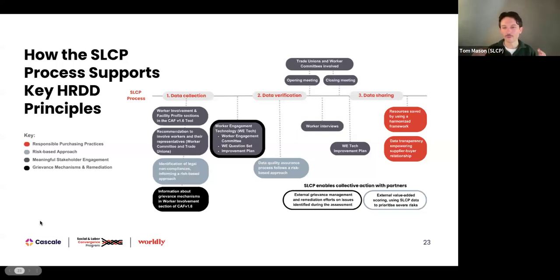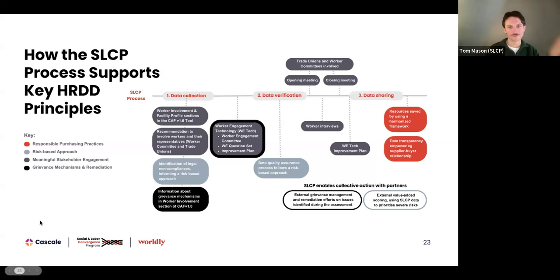The second is the risk-based approach. This is something that you probably have heard of, but it basically means that we shouldn't be addressing different risks in a facility the same. They require different measures to be able to prevent them. And in that context, we need to take a risk-based approach based on the severity and the likelihood of that risk happening.